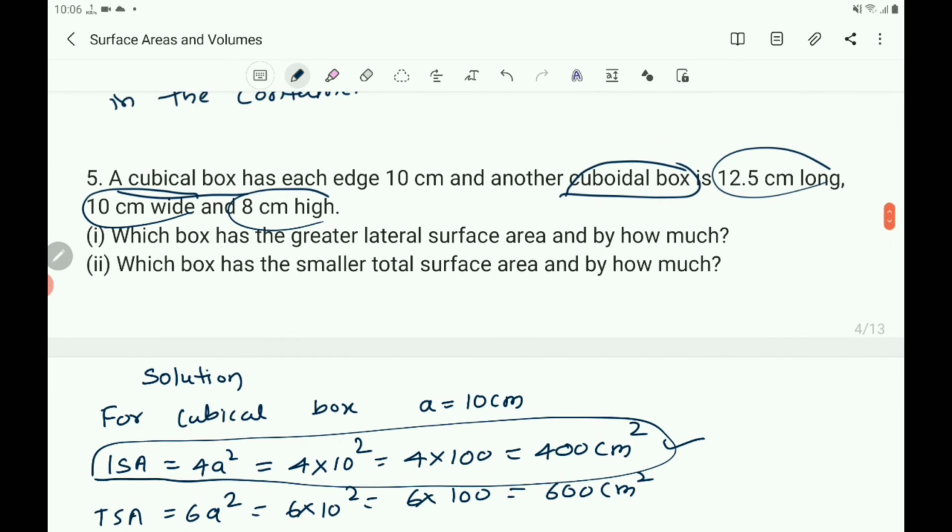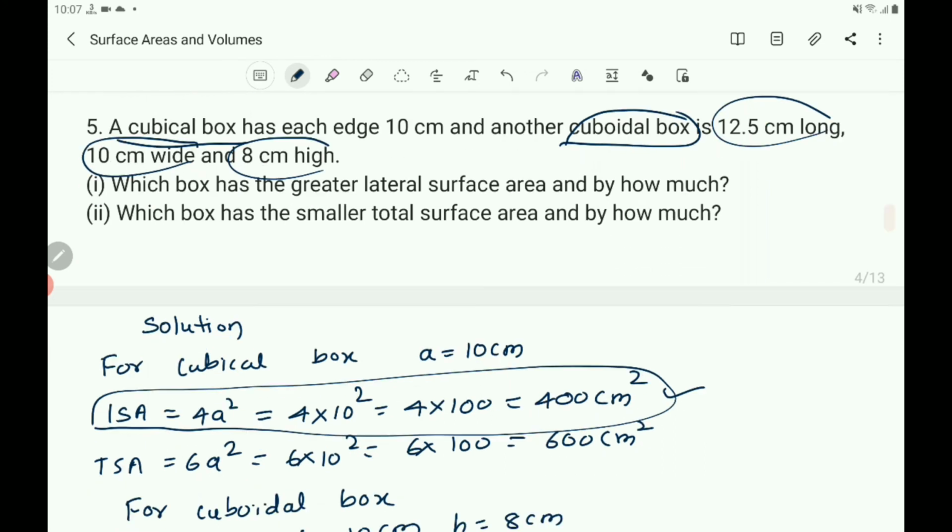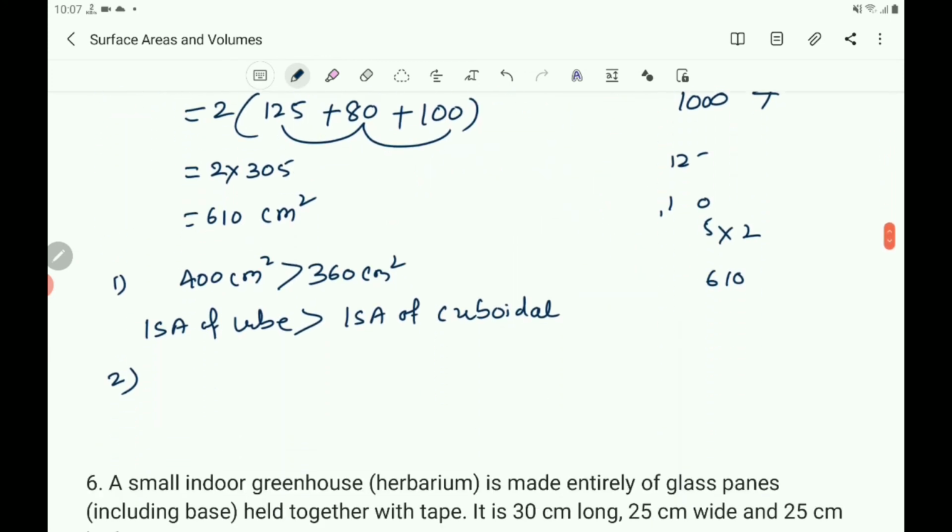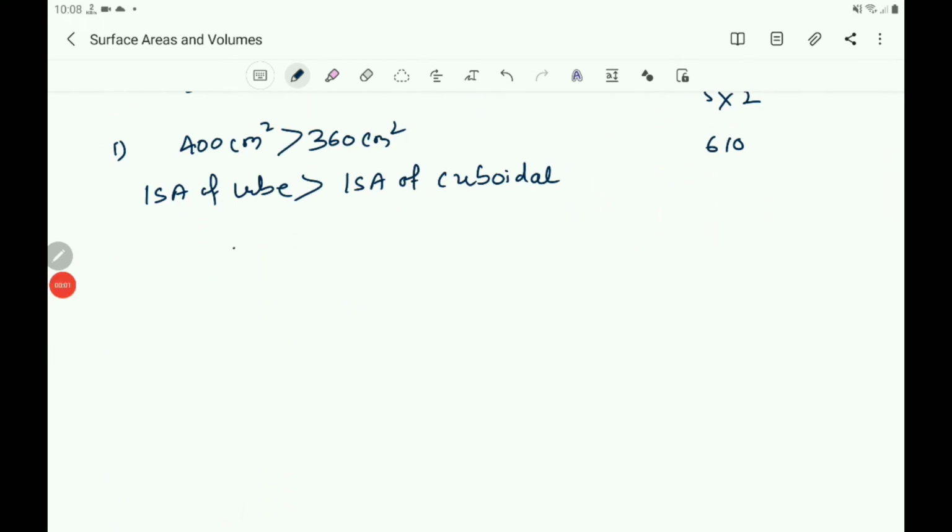The second part is, which box has the smaller total surface area and how much? Here, by how much is it? 400 cm square minus 360 cm square, you will get 40 cm square.